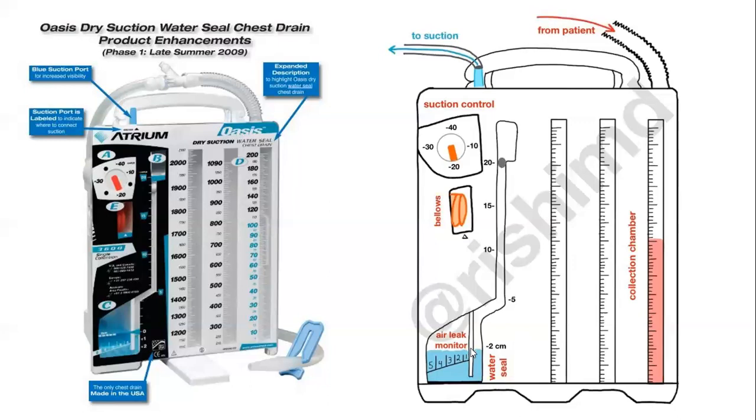So the water seal chamber is a one-way valve. In the water seal chamber, if we see continuous bubbling, it is a bad sign.